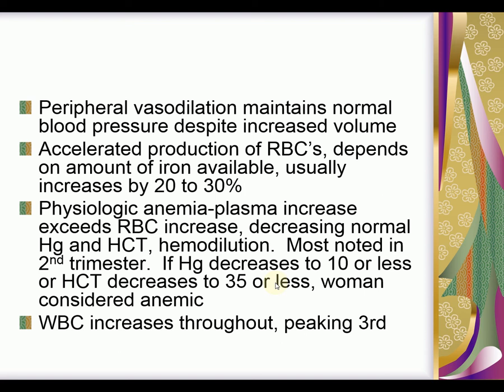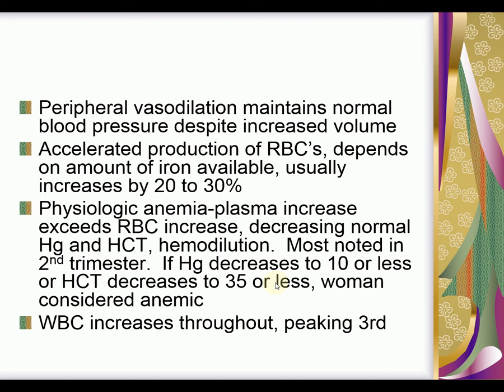We will have an accelerated production of RBCs, but that doesn't mean that we are going to actually see an increase in our hematocrit. Usually what we're going to see is a decrease, simply because the plasma volume is going to increase more rapidly than the red blood cells. And it actually depends on the amount of iron available.